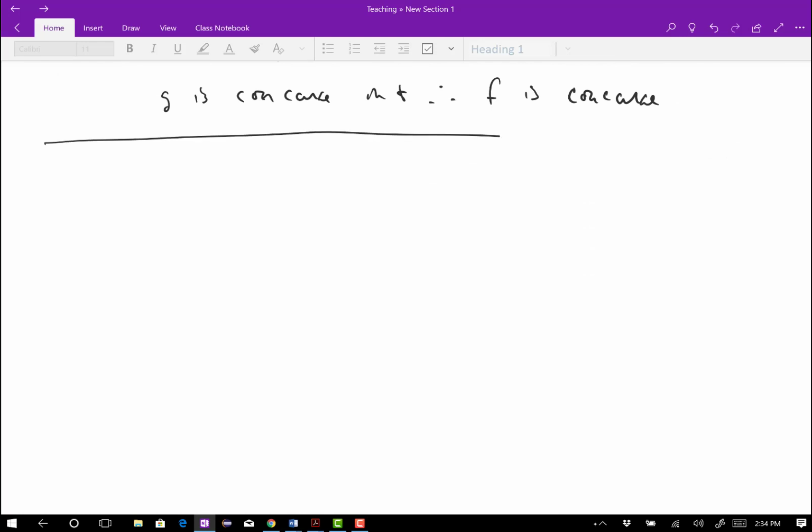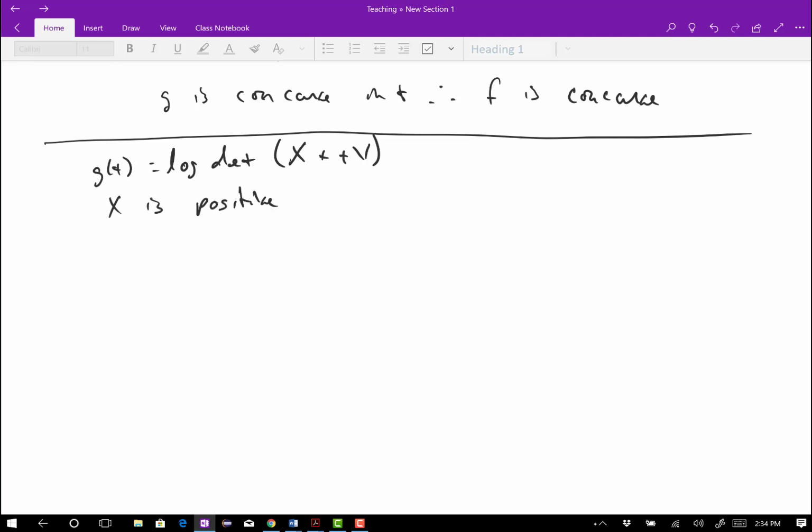So let me rewrite the function g of t. So g of t is this function log det of x, our starting point, plus tv, our direction through a positive definite space. And x is positive, so it has a square root.